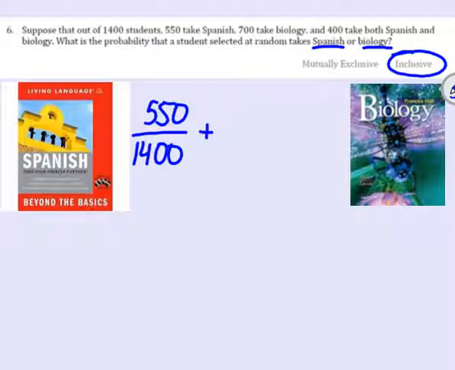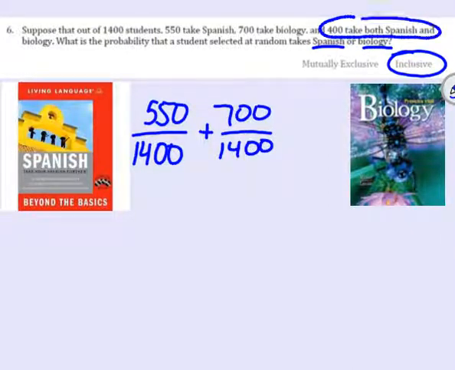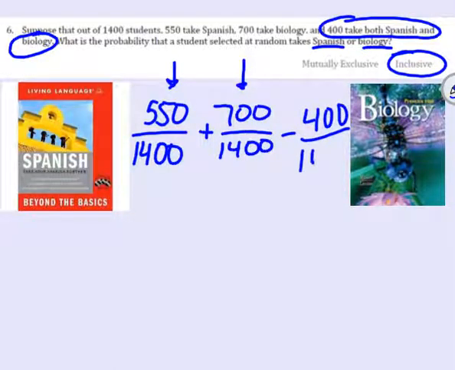Now I need to add that to the ones that take biology, which is 700 out of 1,400. Now what happens is they tell us how many take both. So the number that take both are already being counted twice. They're being counted in this group, and they're being counted in this group. So then you have to subtract the 400 out of 1,400 that are in both.